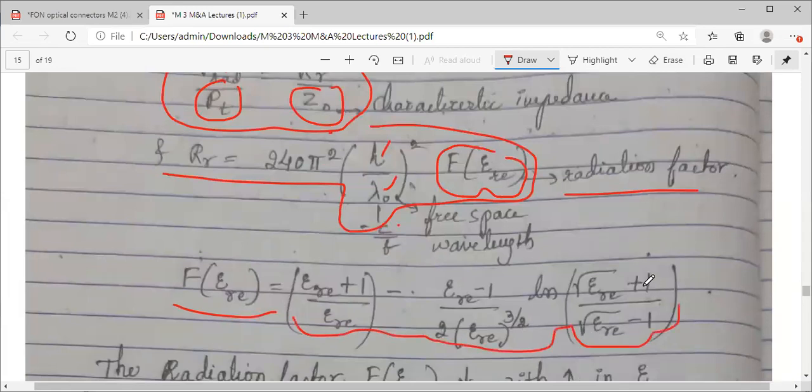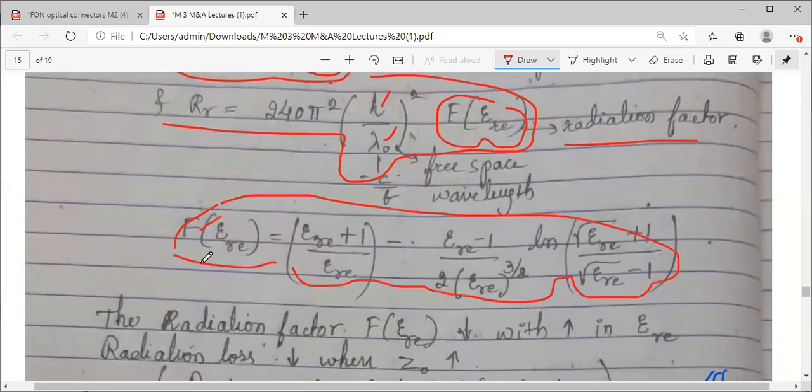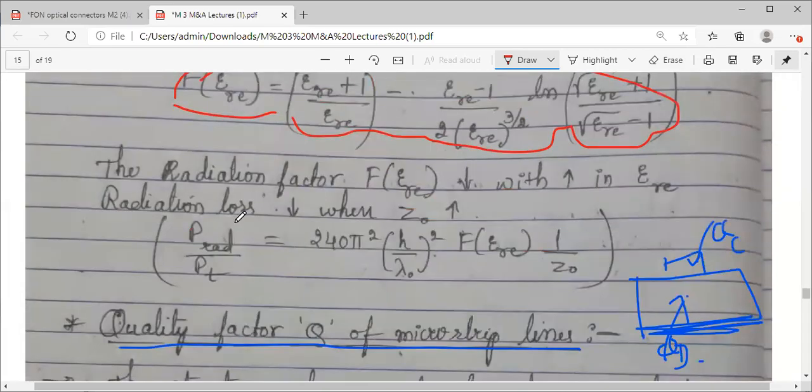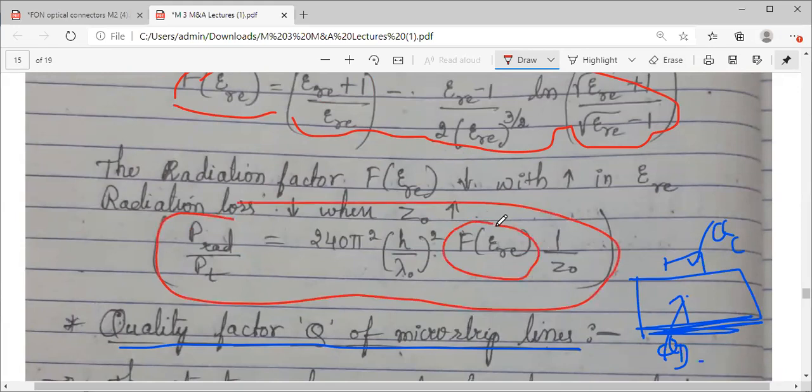Radiation factor you calculate. So you have to start with radiation factor calculation. If this is known, RR will be known. Once RR is known to you, P radiation you can get. So this is your consolidated equation. What do you have to find from this? F epsilon RE, that is the radiation factor, you should calculate. Then you can find this P radiation easily.